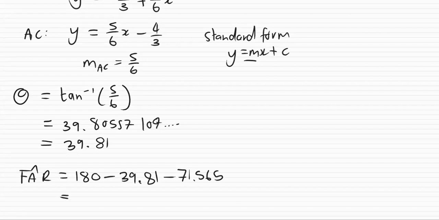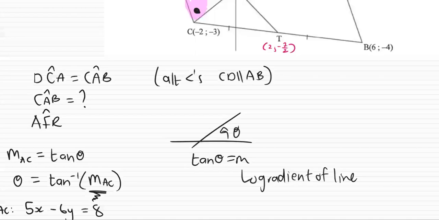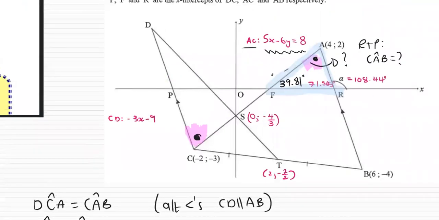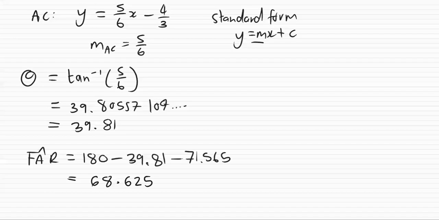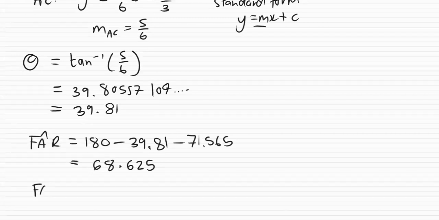Once again, quick calculator work: 180 minus 39.81 minus 71.565. From this, I get 68.625. And for the final conclusion, remember that the angle FAR is equal to the angle DCA. Therefore FAR is equal to DCA.